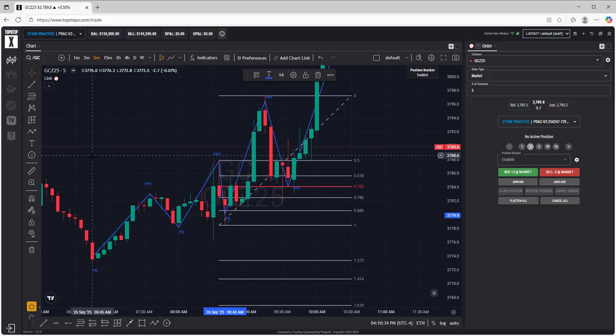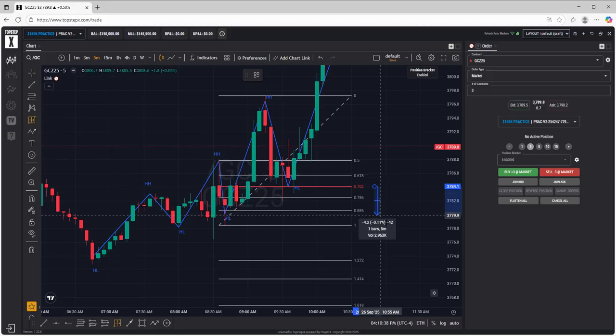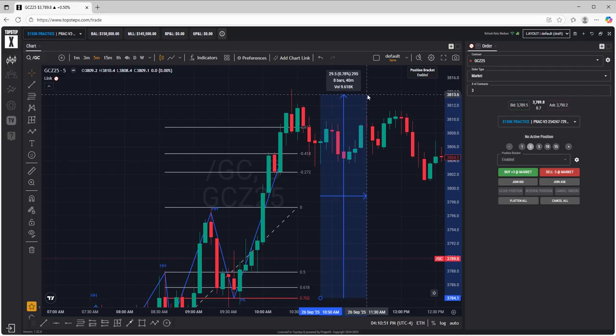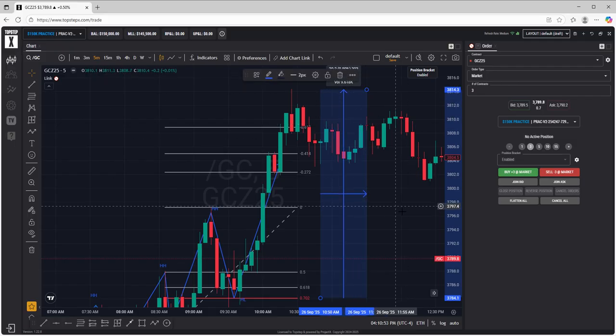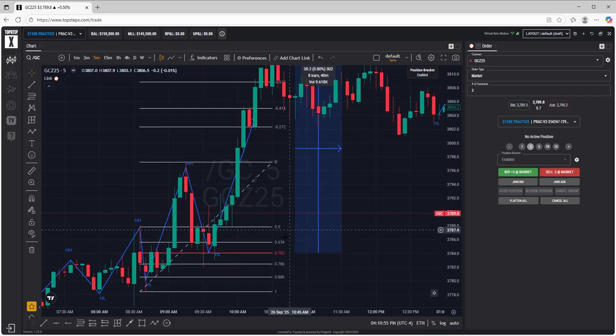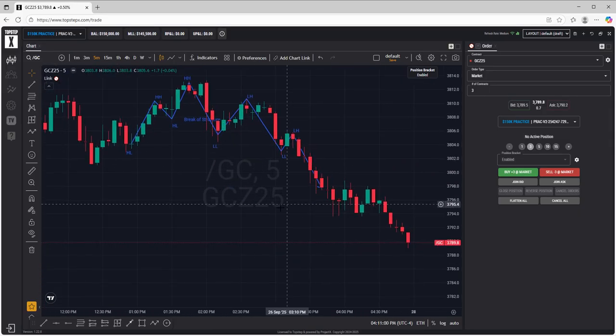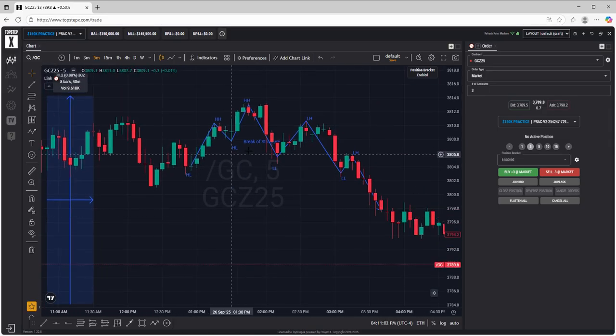Boom. Right. Again, let's look at the risk. So here, 56 pips times 10, you'd be risking 560 to make 3,000. Mind you, these two moves are in the same day. This is all the 26th. This is Friday, right?